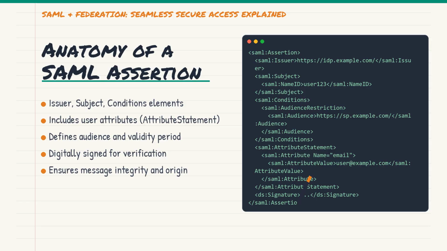Crucially, the entire assertion is wrapped in a DS signature element. This signature uses the IdP's private key to encrypt a hash of the assertion's content. The SP can then use the IdP's public key to decrypt the hash and compare it with a new hash it calculates from the received assertion. If they match, boom, you've got trust.